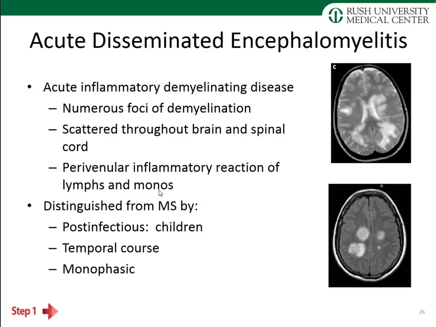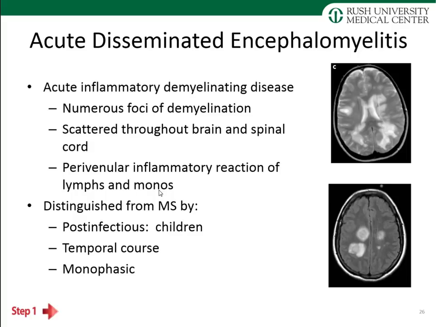This disease looks very similar to multiple sclerosis, but it is distinguished from MS because of the way the patient presents. This type of disease is very commonly seen in children after they've had a viral infection. The temporal course is also very different because it comes on acutely and there are not relapses and remissions. It tends to be monophasic.